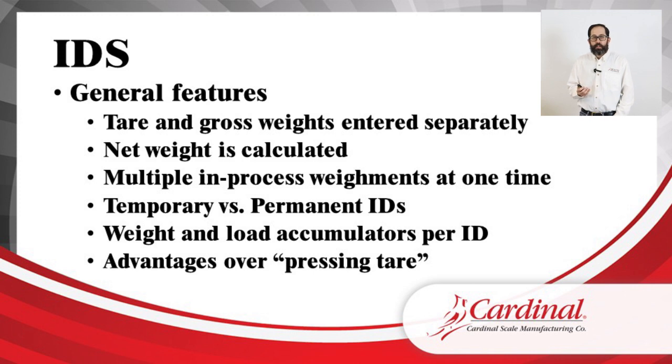The benefits of this are we can have multiple trucks, again using the truck example, multiple trucks with first pass weights at a time, and then they can come back in different orders. We can actually weigh, the first weight can be the heavy weight instead of the first weight having to be the tare weight. So things like that are advantages of using ID storage over just pressing the tare button.